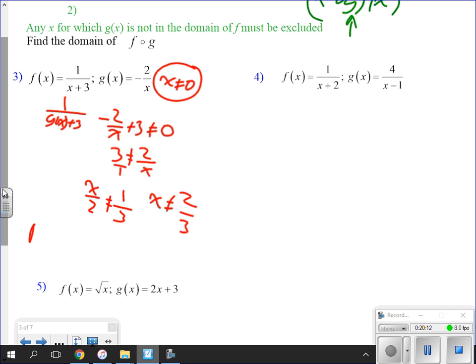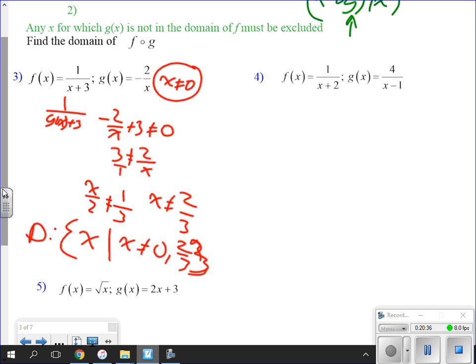So, my domain is the set of numbers x such that x cannot be equal to 0 or 2/3. It's a lousy looking bracket, I know.